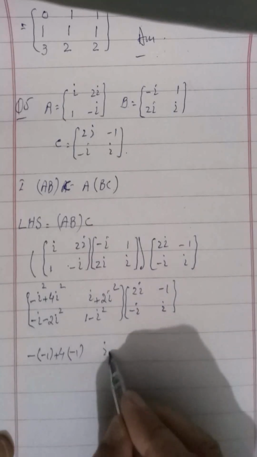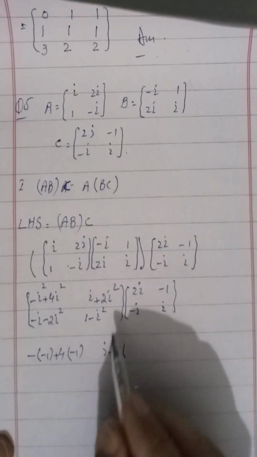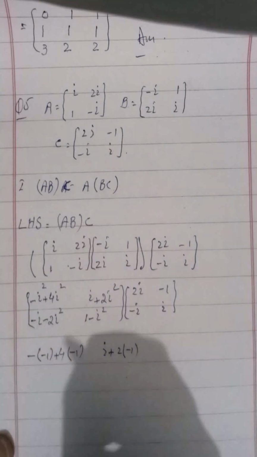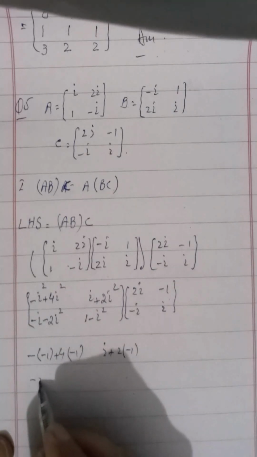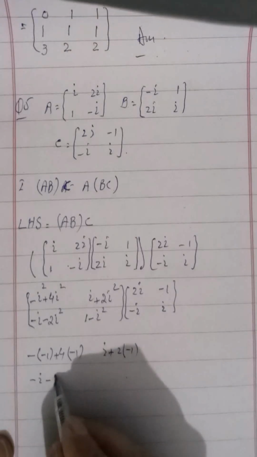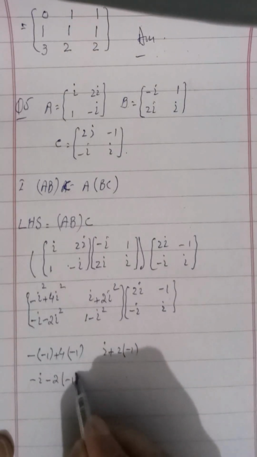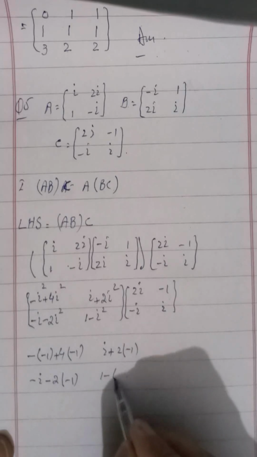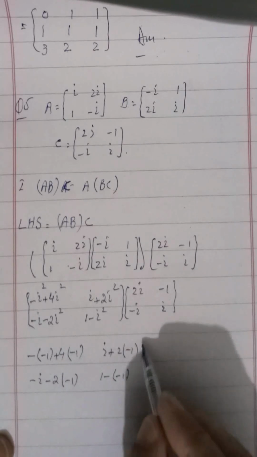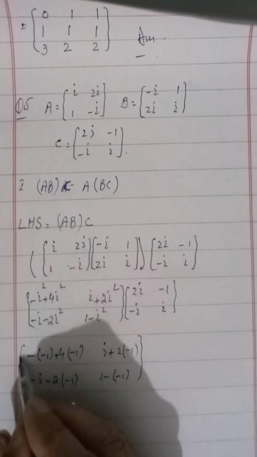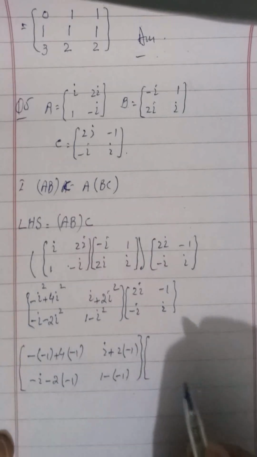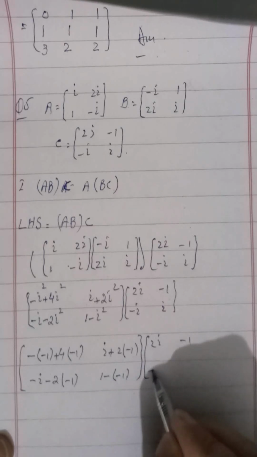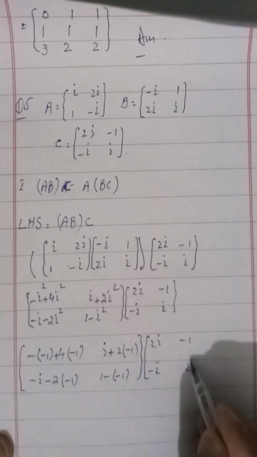Here iota plus 2 bracket iota square is equal to minus 1, and the second row is minus iota minus 2 bracket iota square is equal to minus 1, and the next is 1 minus bracket minus 1 iota square minus 1, [2 iota, minus 1; minus iota, iota].